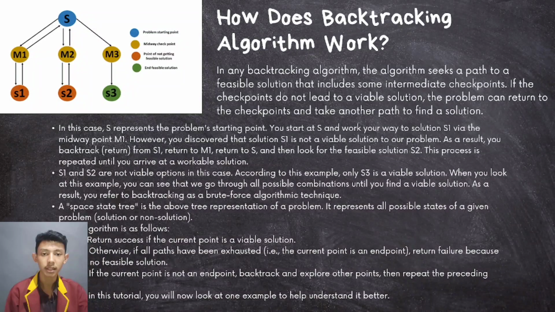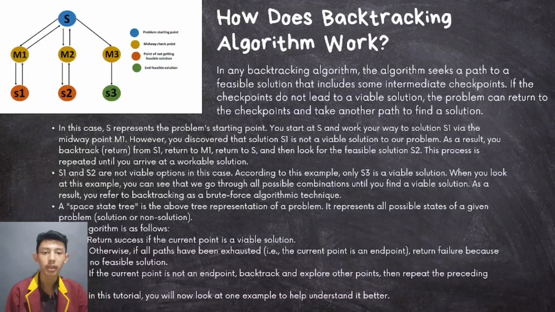The first, in this case, S represents the problem's starting point. You start at S and work your way to solution S1 via the midway point M1. However, you discover that solution S1 is not a viable solution to your problem.